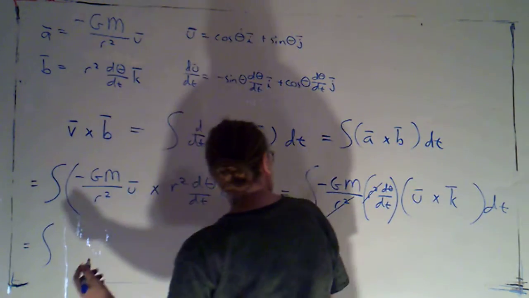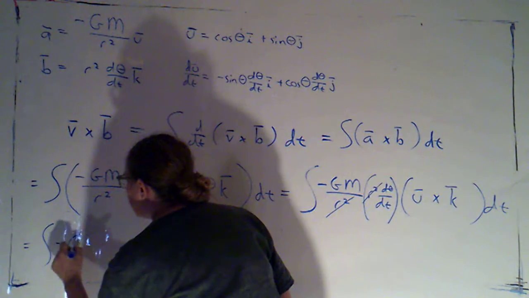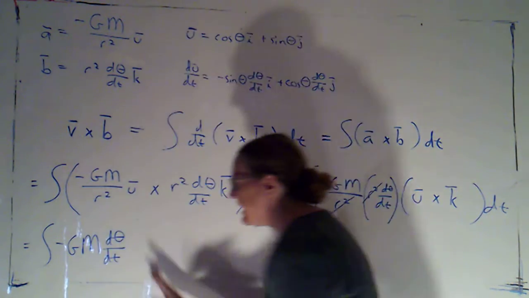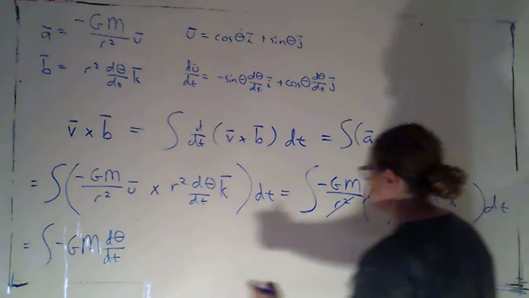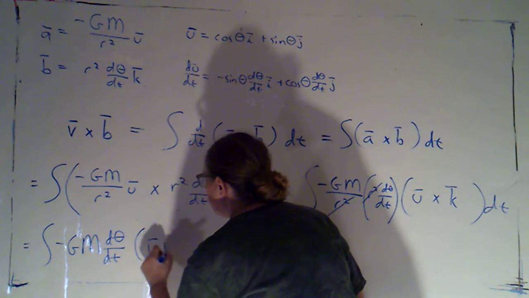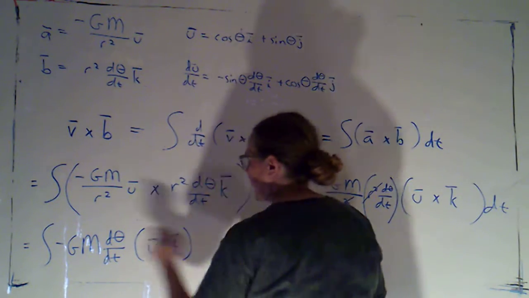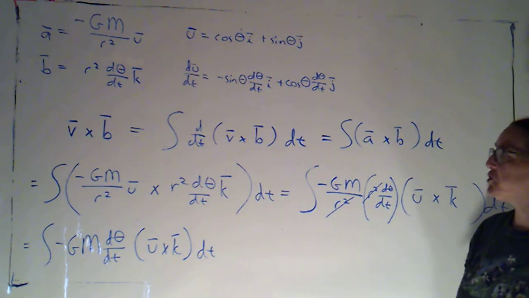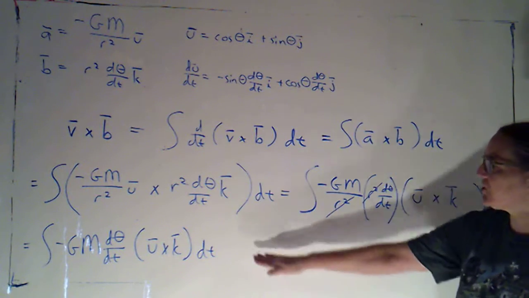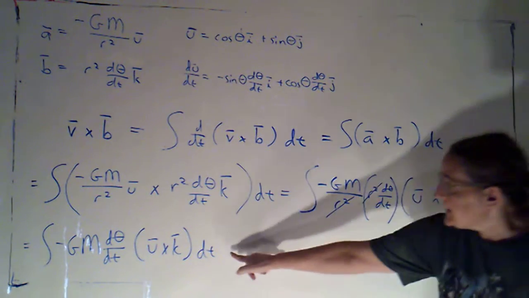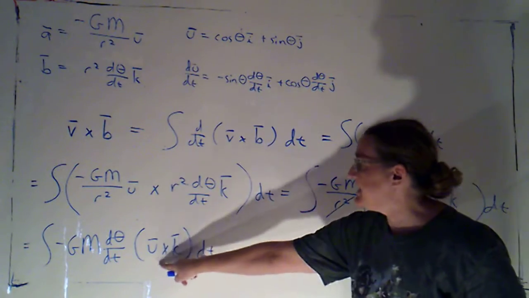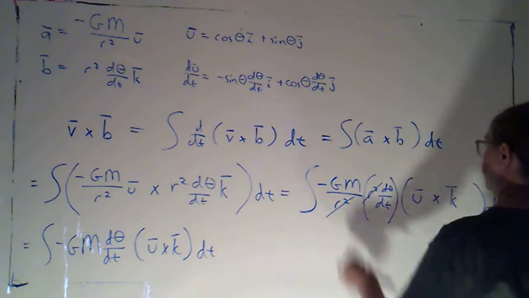So we've got the integral of negative gm d theta by dt, those are the scalars that didn't cancel, times u crossed with k, and that's what we will be integrating with respect to t. All right, I'm going to leave this up here and then do some side work to calculate u crossed with k.